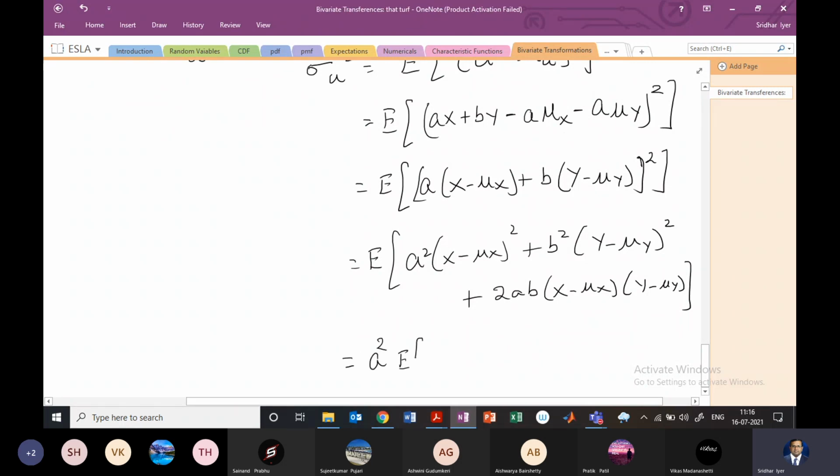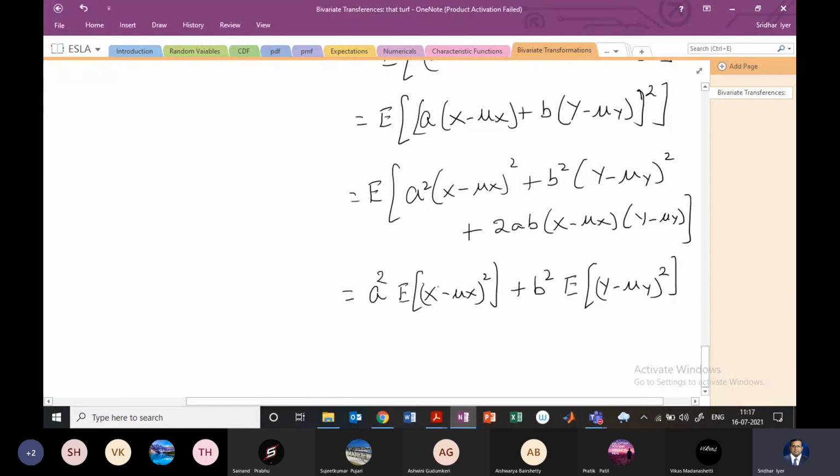So a square E of x minus mu x the whole square. Similarly, the second term, b square is out, expectation of y minus mu y the whole square, and the third term is plus 2ab expectation of x minus mu x into y minus mu y.